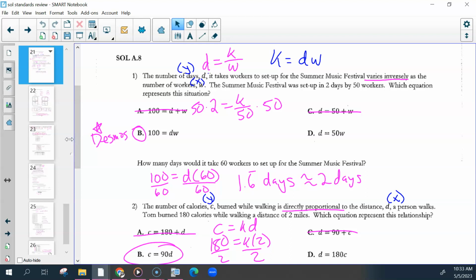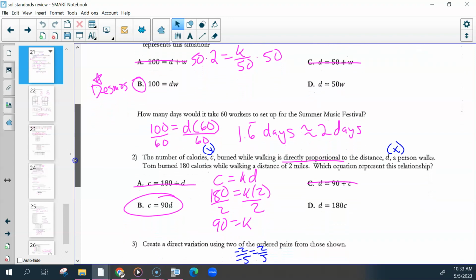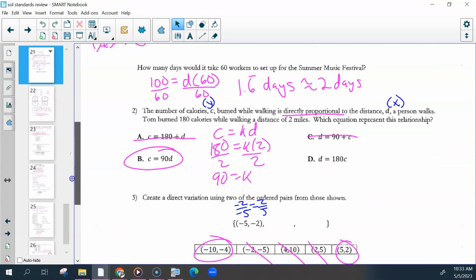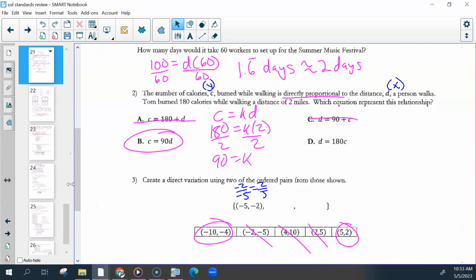Number 2 was also B. And then 3, you had to create a function using 2 of the ordered pairs.